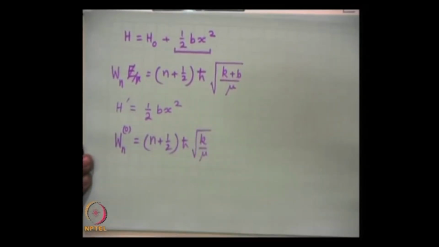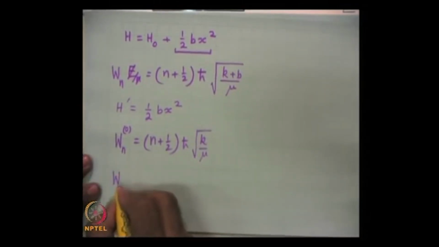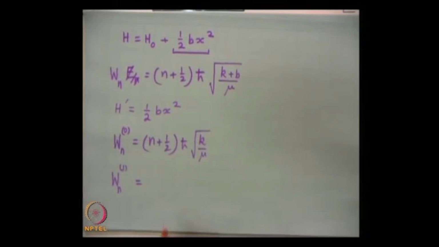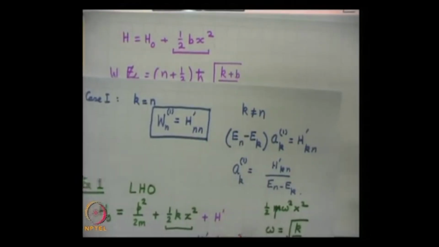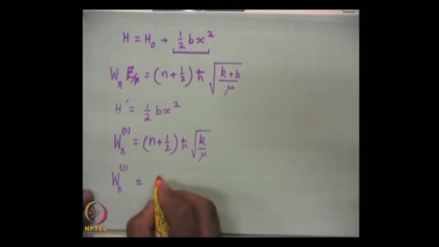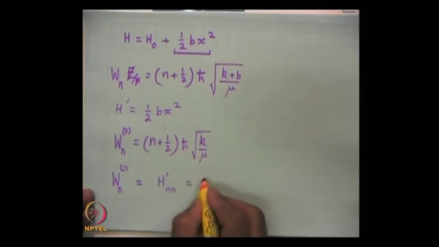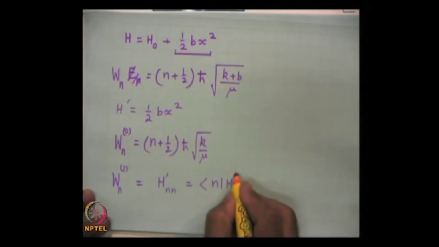This is W n 0, and W n 1 according to our perturbation theory, as we had derived earlier, is equal to H prime n n, or bra n H prime ket n.